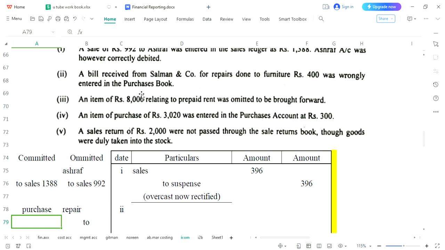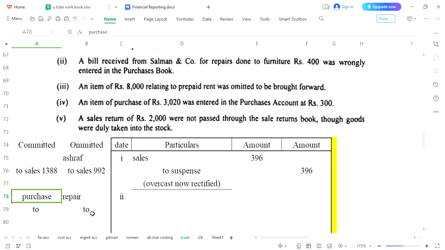Now please understand that repairs were actually required to be written on the debit side, but instead of repair, we have written purchase. As usual, we will apply the basic principle of writing. Whatever is written over here would be written exactly at the same position.